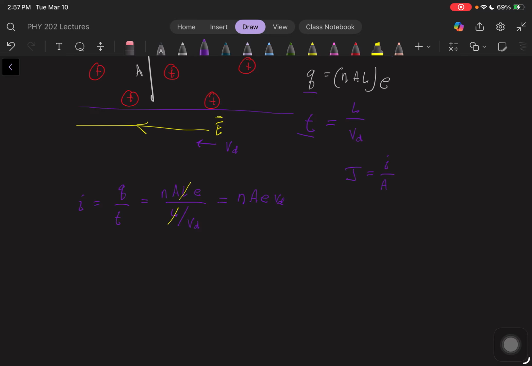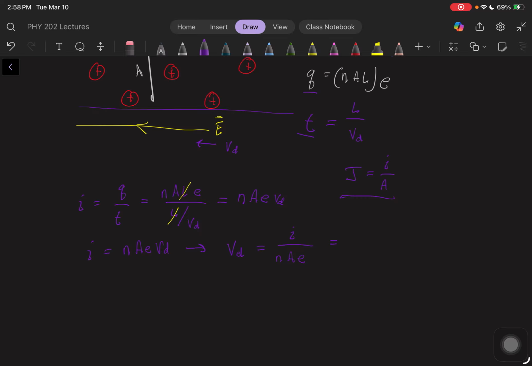Well, let's start by rewriting this for v_d. All right, so we're going to start with I is equal to n A e v_d, which turns into the drift velocity is equal to I over n A e. We have J as I over A. We have an I over A right here.